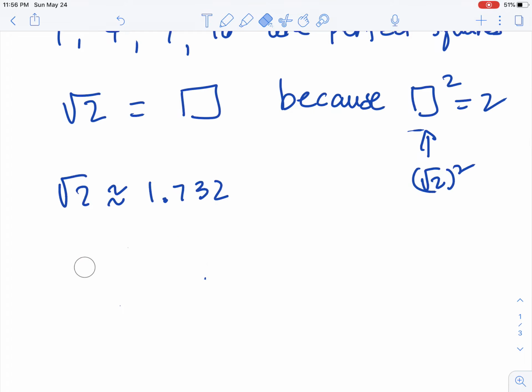Square root of 2, by the way, is an irrational number. And irrational number means hindi nagtatapos yung kanyang decimal, no? Non-terminating and non-repeating yung kanyang decimal. So, ano yan? Maraming digits, infinitely many digits.